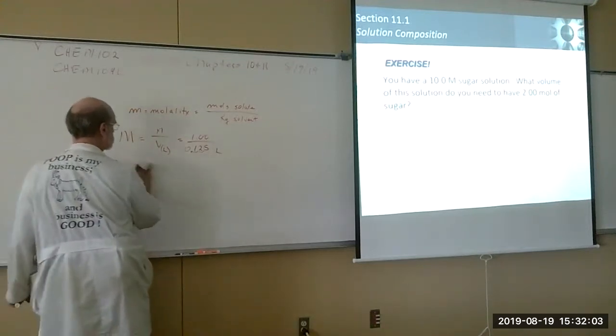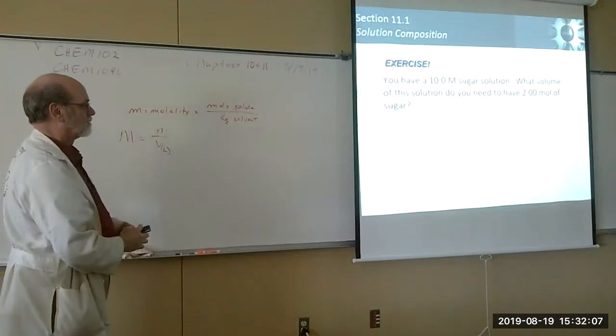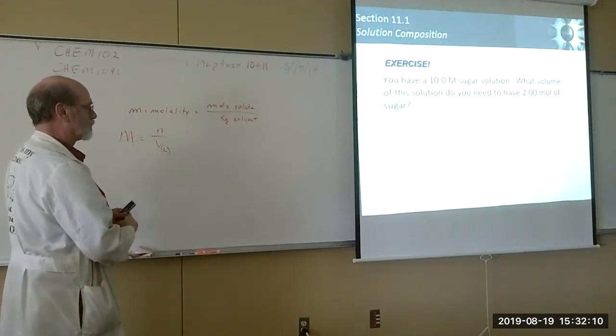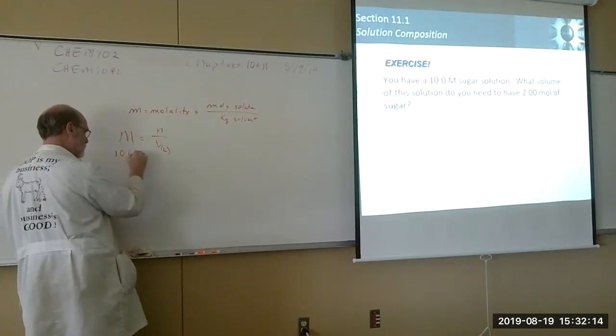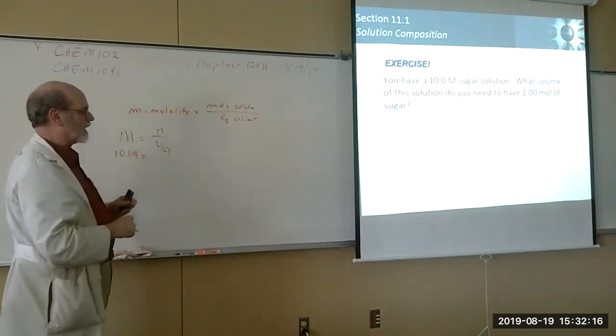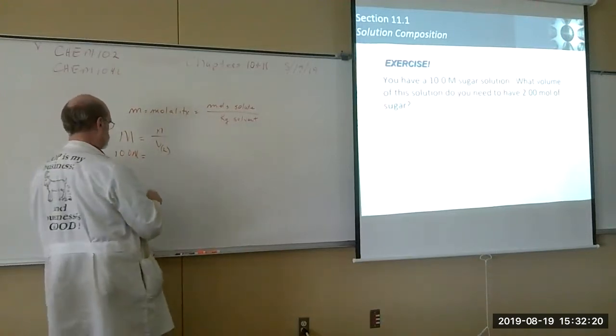This one just flips it around. If you know that you have 10 molar sugar solution, so now we know what this value is. And the volume, what volume do we need to give you 2 moles?